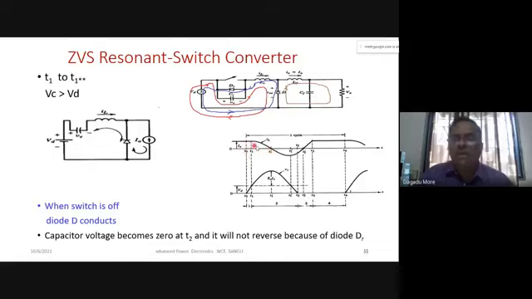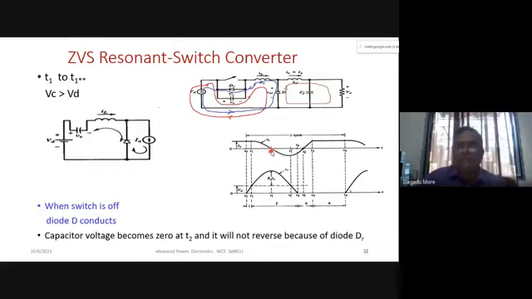So during this period T1 to T1 dash, the red waveform we have shown goes on decreasing, and at the instant T1 dash, our current becomes zero.